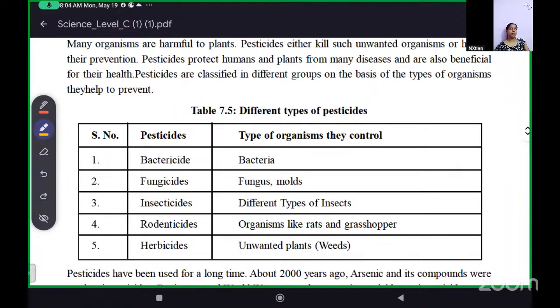Beneficial to their health in such a way that when the crops do well without any insects or anything, then we will get to eat the good produce without pests and all. In that way it's helpful, not directly, but indirectly.